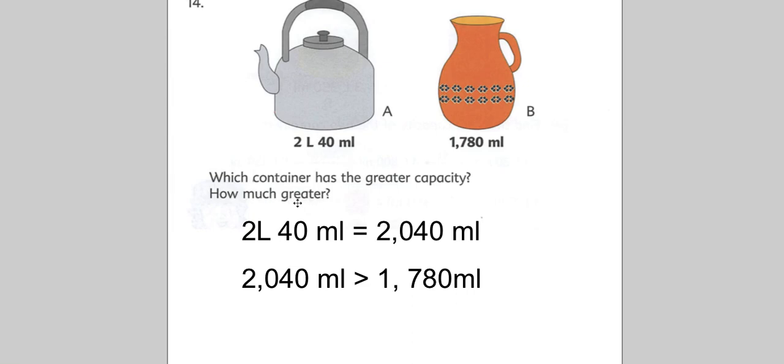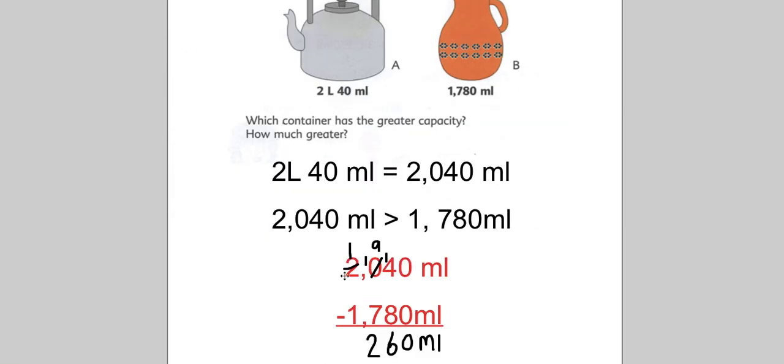So pause the video and see if you can figure out how much greater. Okay, so when you unpause, you then realize when you're comparing, you're subtracting, and you will get a difference of 260 milliliters. So container A is 260 milliliters greater than B.